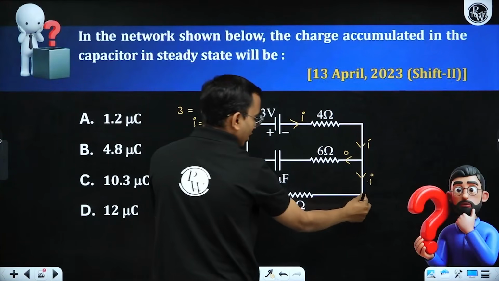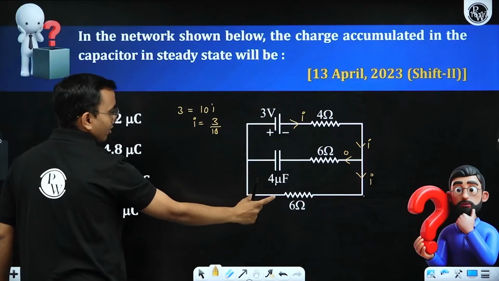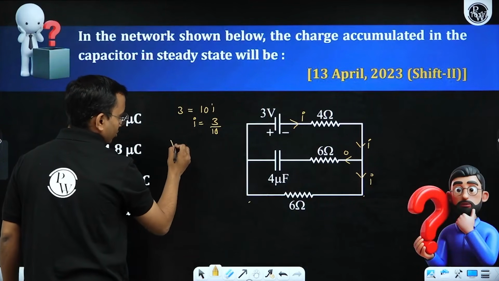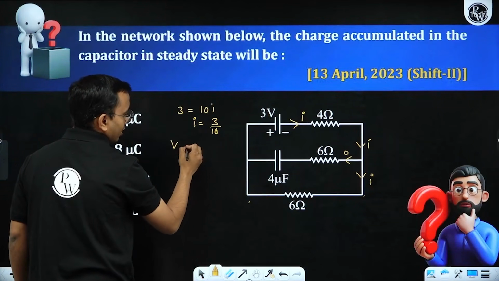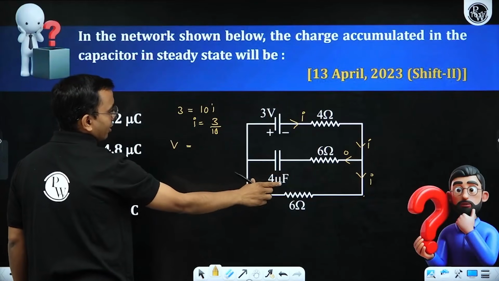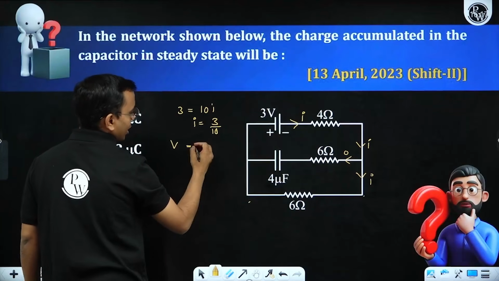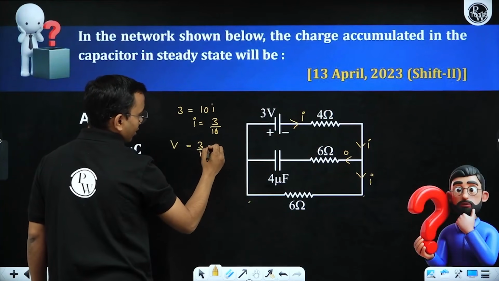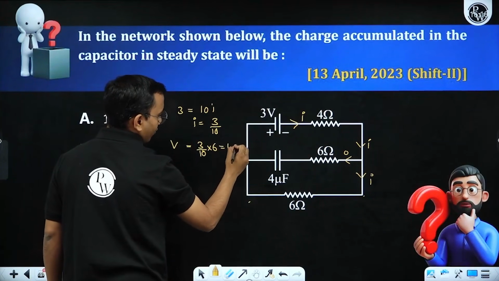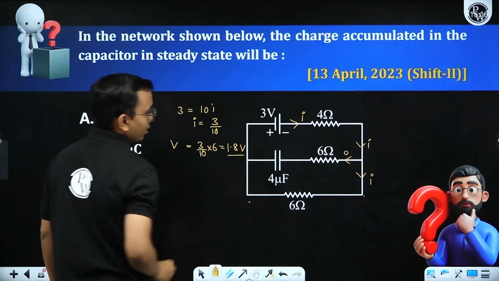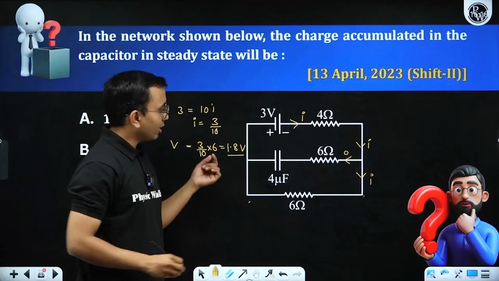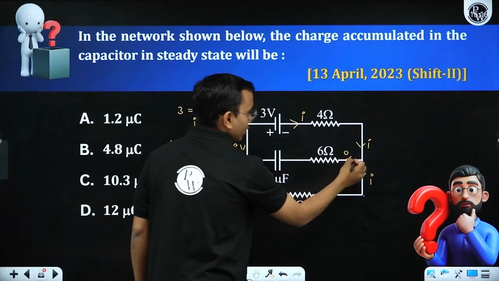How much is the potential across this 6 ohm? That will be 6 into i. So potential V, this is across 6 ohm I am writing. How much is that? i into 6, that is 1.8. That potential is across this only.